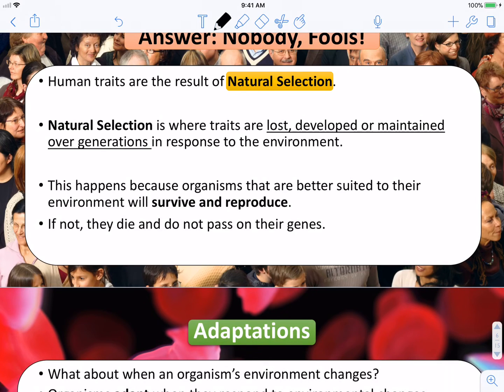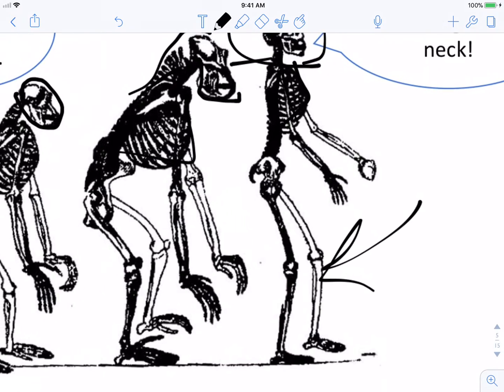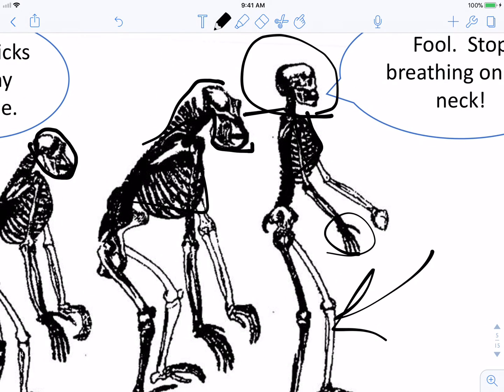So human traits are the result of natural selection. What that means is that we have these adaptations. We walk on 2 legs. We are able to use our hands to make tools. We are able to chew food with our jaw. We are able to breathe in our nose and through our mouth.